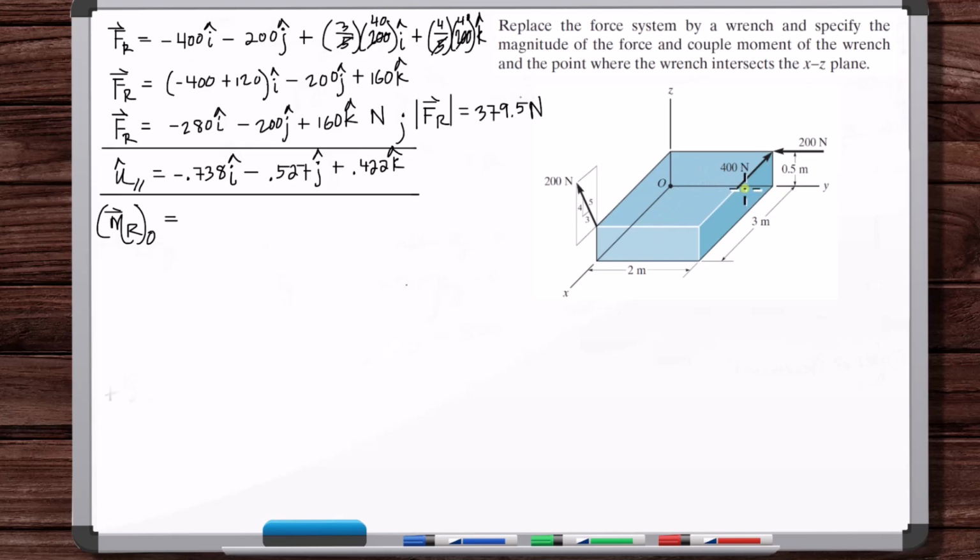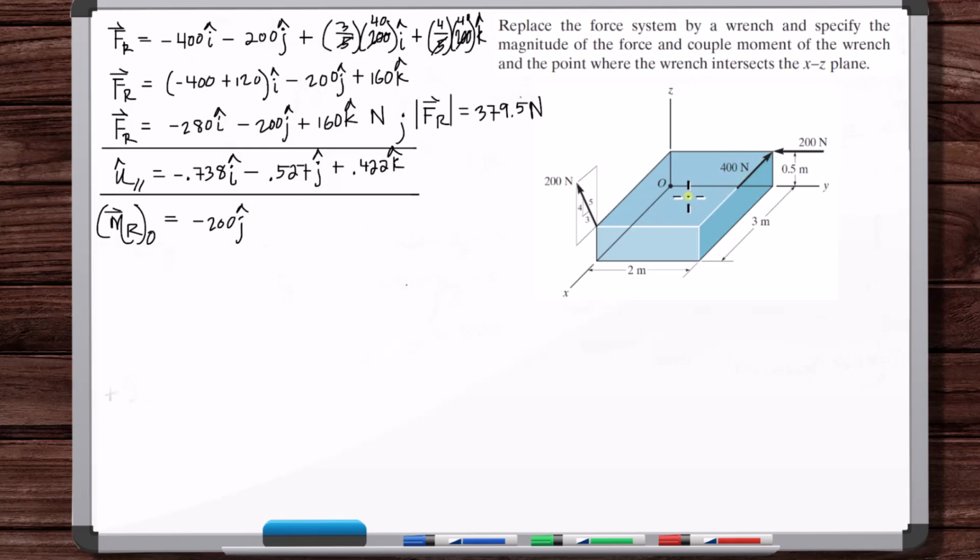If we put our right hand along the y-axis, thumb in the positive direction of y, this is causing negative rotation about y. So 400 times the moment arm of 0.5, so this is minus 200 j hat.